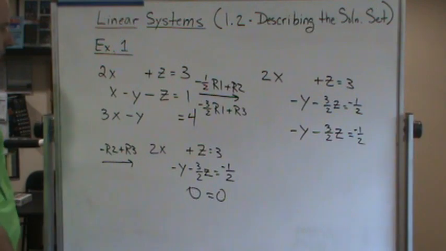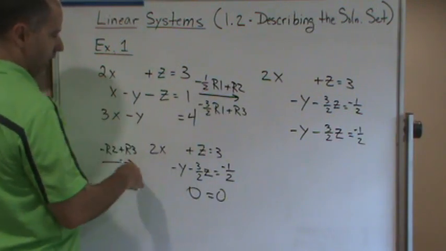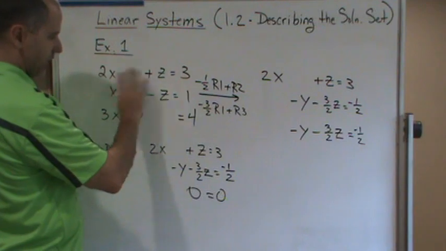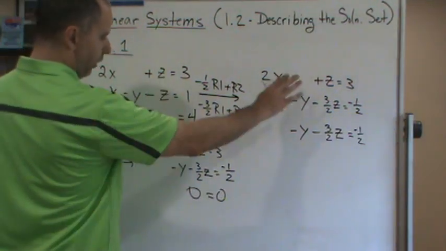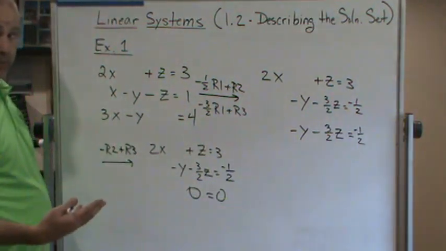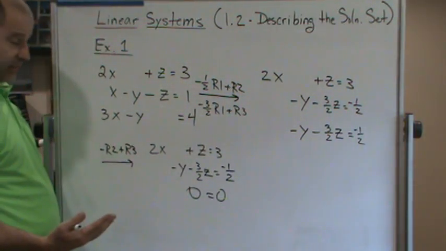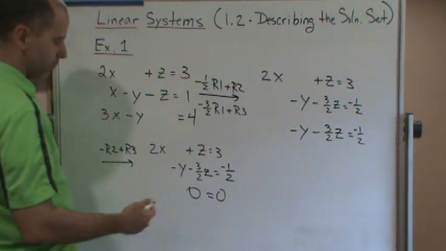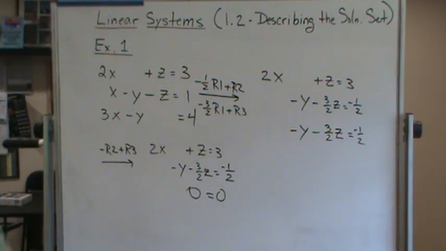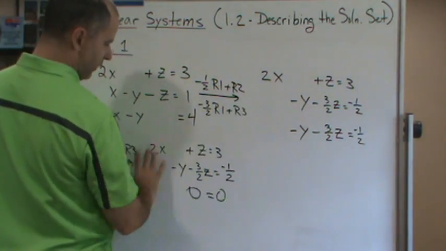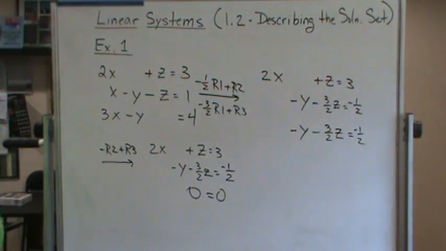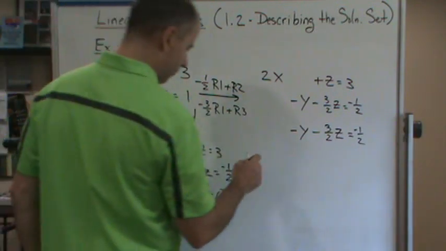So remember the theorem that says the solution will satisfy this one if and only if it satisfies the final one, because all the different systems are essentially the same. They have the same solution set. So if we describe the solution set for this one, it has to be the same solution set for this one.